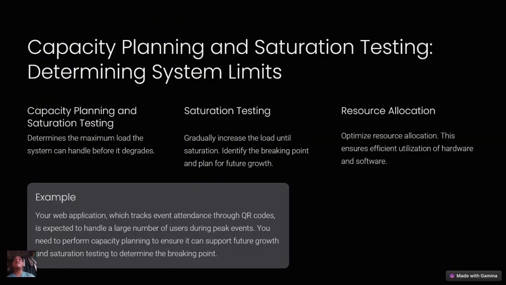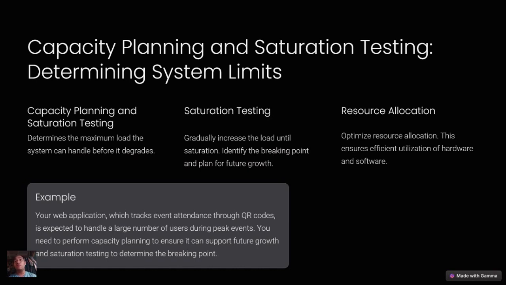Next is capacity planning and saturation testing. This determines the maximum load the system can handle before degrading. For example, your web application which tracks event attendance through QR codes is expected to handle a large number of users during peak events.